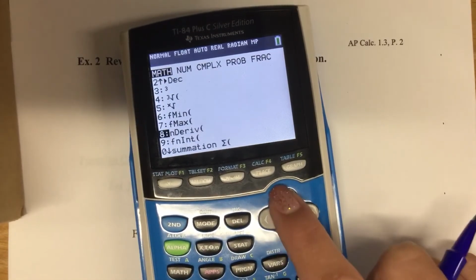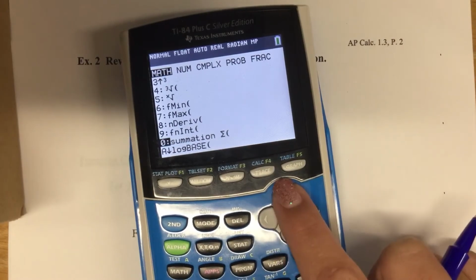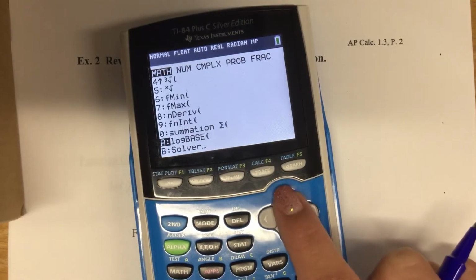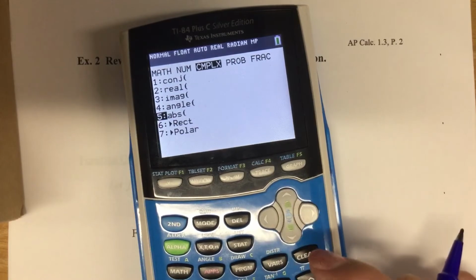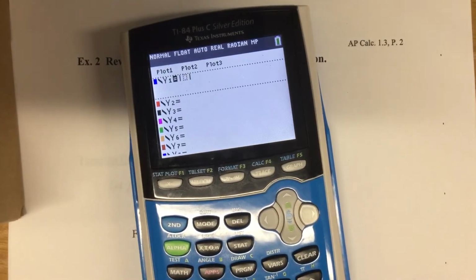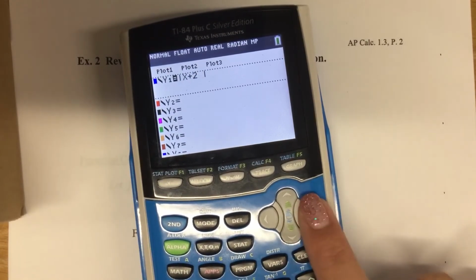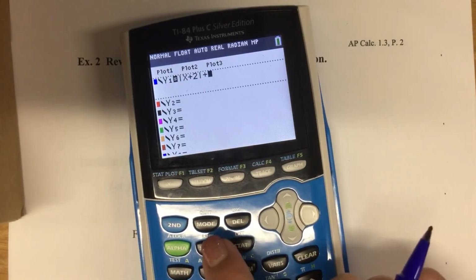So if you don't know how to graph your absolute value function, you should be able to go to math, and then you go to complex, and then you go to absolute value. So there we go. So we say x plus 2, because x and t would be the same thing in the graphing calculator.